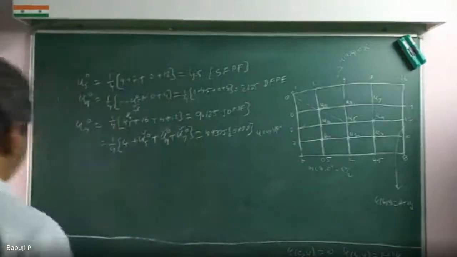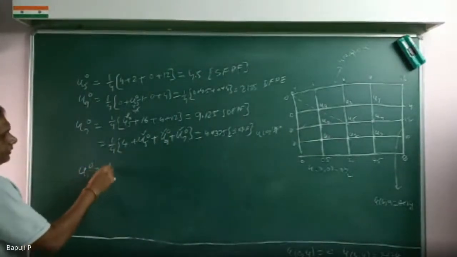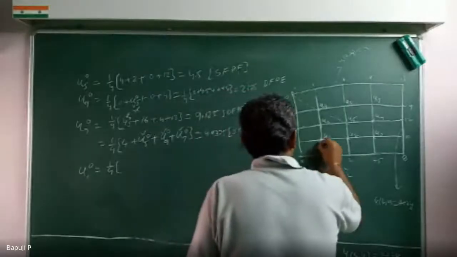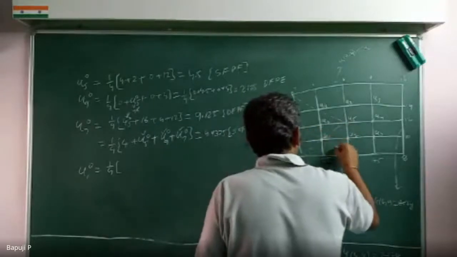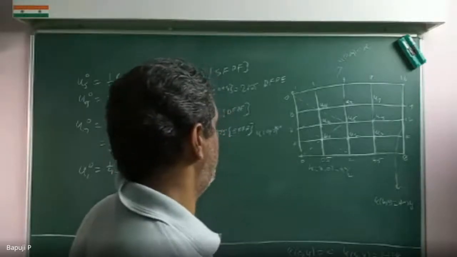Tell me U1 of 0. U1 of 0 is equal to what? 0 plus U5 plus 0 plus 0 plus 2 plus 2. So I am going like this. Correct? Yes, sir. U5 of 0 I can write, then you understand.